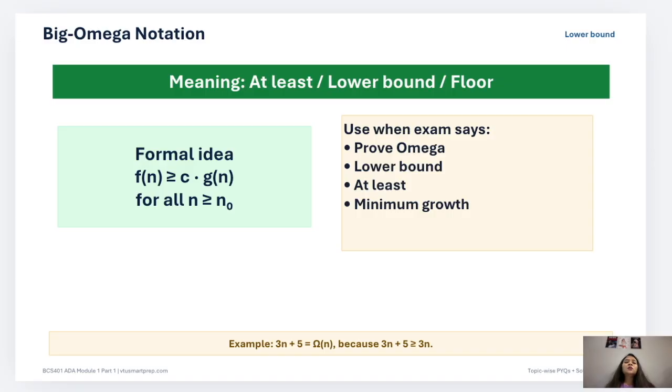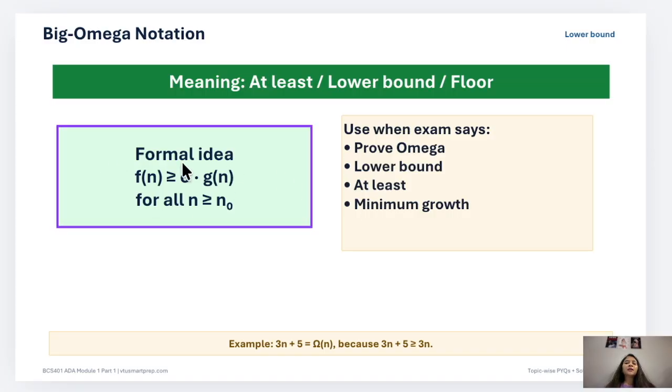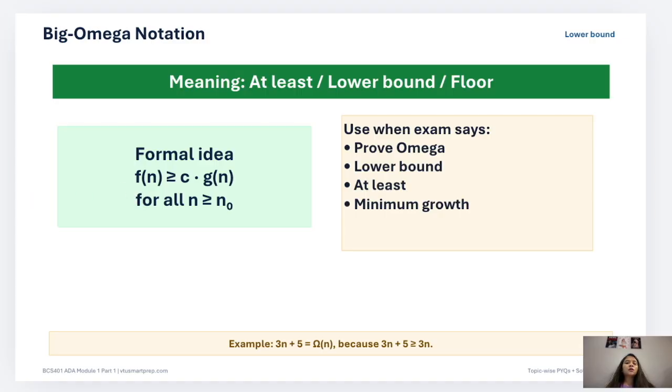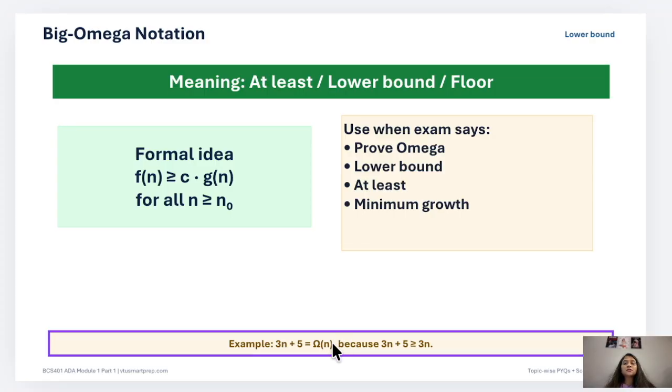Then you have to write this formal definition of big omega. Here again you have to write the example as well. Here you can see the same example, 3n plus 5 equals, as I said, you have to ignore the constants.